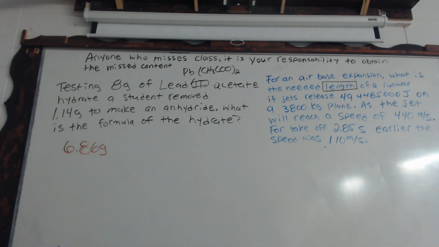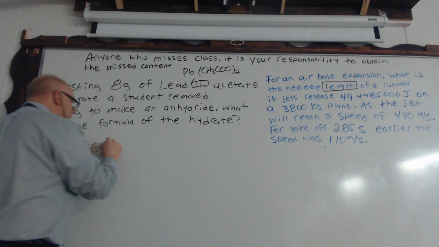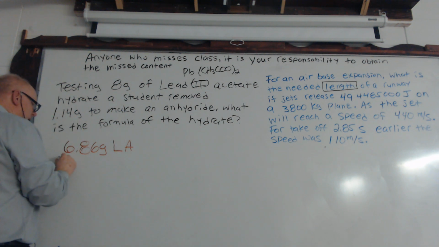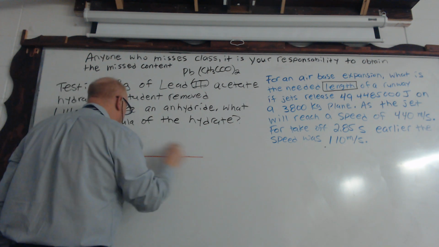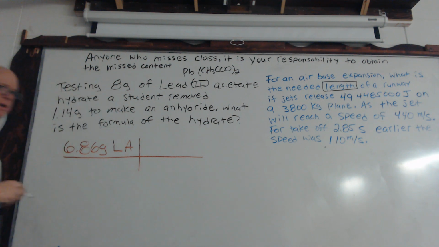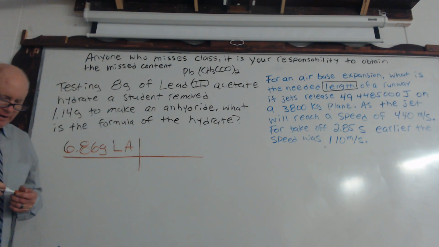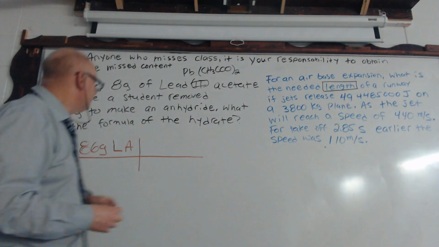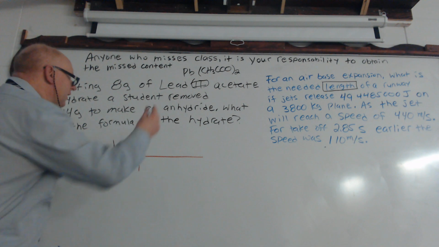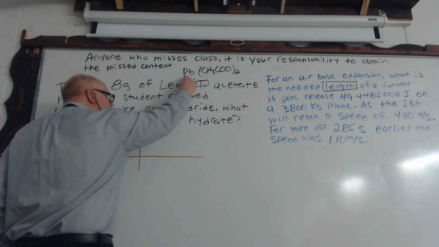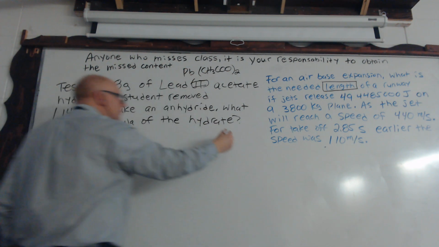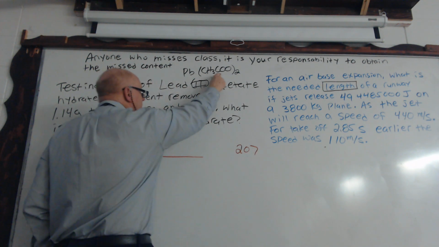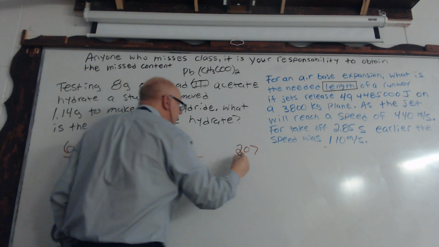Okay? So then what you're going to do, so this is lead acetate. So we'll just go ahead and abbreviate that. So how do we cancel out grams in our next step? Okay, so once you add all these together, this is 207. So looks to me like we've got 4 carbons, so that's 48.